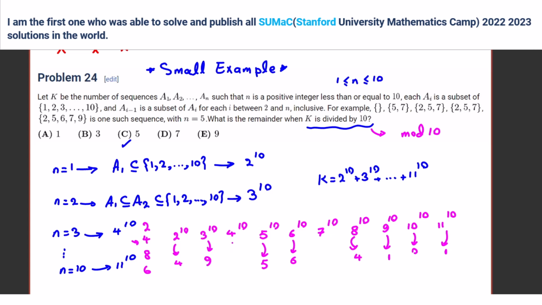So 3, 9, and this one, the period is 4, 6, 4, 6 is 6. 7 is similar to 3, which is 9. So 1 plus 1 is 2, 2 plus 4 is 6, 6 plus 9 is 15. So we can consider 5, 5 plus 6 is 11, 1. 1 plus 5 is 6, 6 plus 6 is 12, 2, 2 plus 9 is 11, 1, 1 plus 4 is 5. Good job.